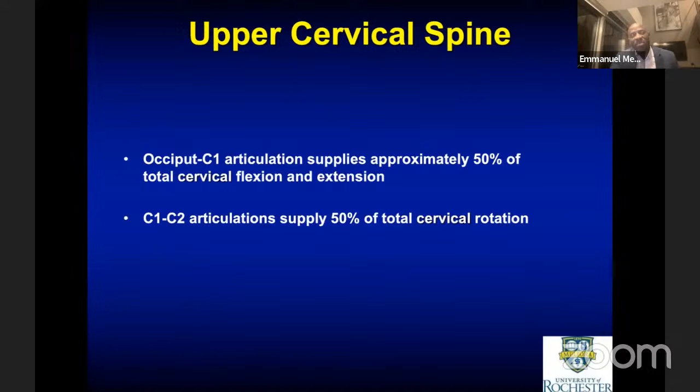As you see, this is pretty significant function at that level. And this is when we think about treatment, especially when we consider surgery, including fusion, you see how much limitation this can lead to with immobilization from fusion. And at C1-2 articulation, you get about 50% of total cervical rotation.